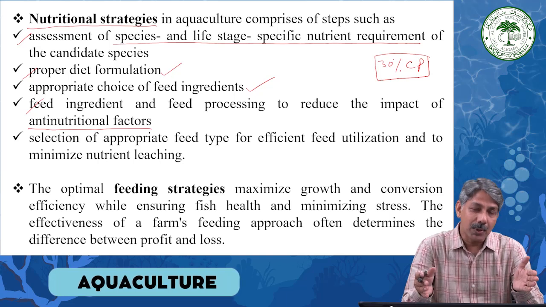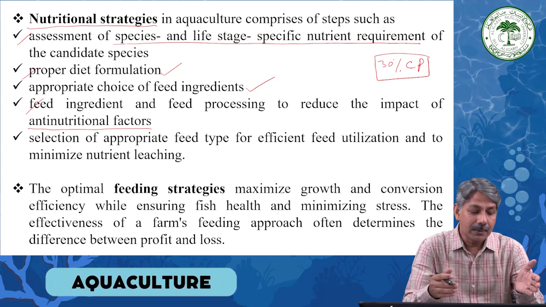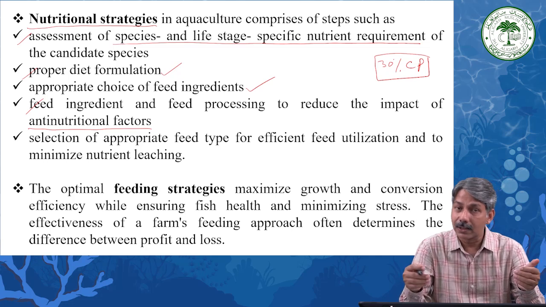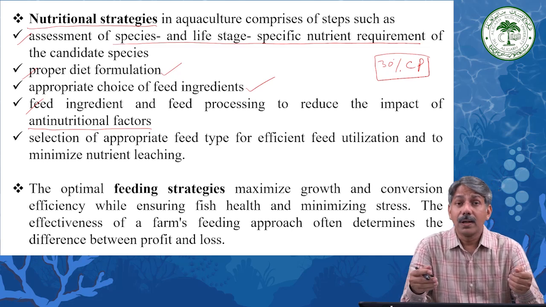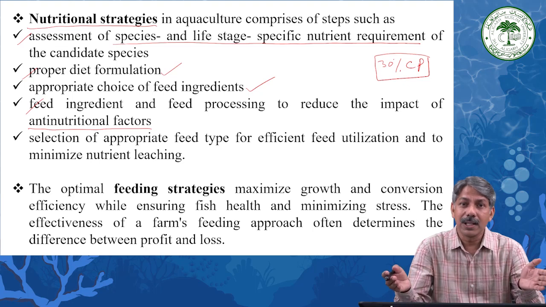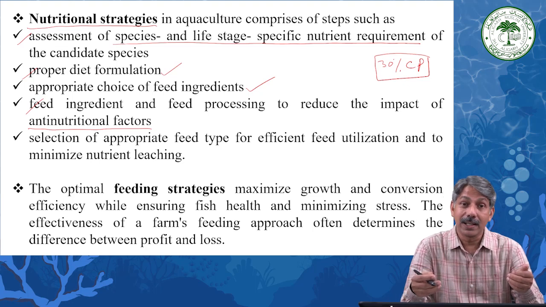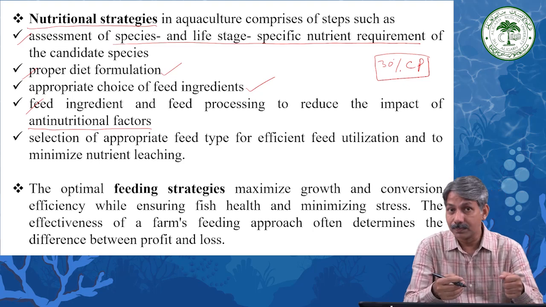Actually, plant proteins or plant products have one or the other ANFs. There are varieties of ANFs they can have. You can take the example of mustard oil cake. We all are familiar with the pungent, repelling smell that mustard has. That is true for fishes also.